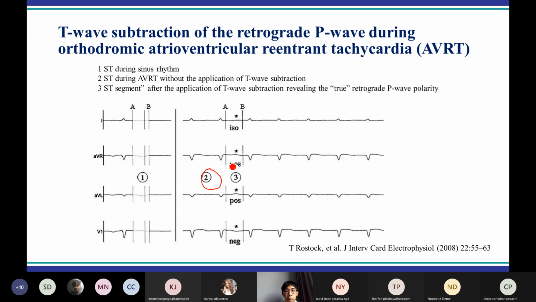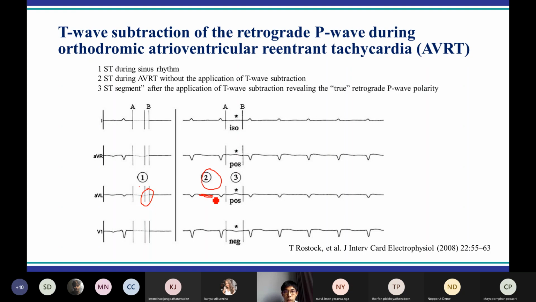The true retrograde P-wave polarity is positive in this one. You don't have to remember this. It means that during sinus rhythm the P wave was negative, right? And when there is a tachycardia, the ST segment of the T wave is isoelectric.